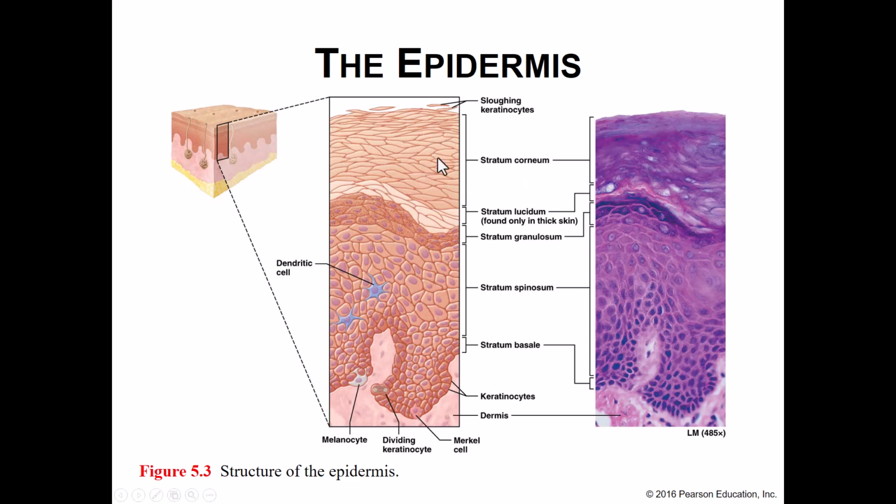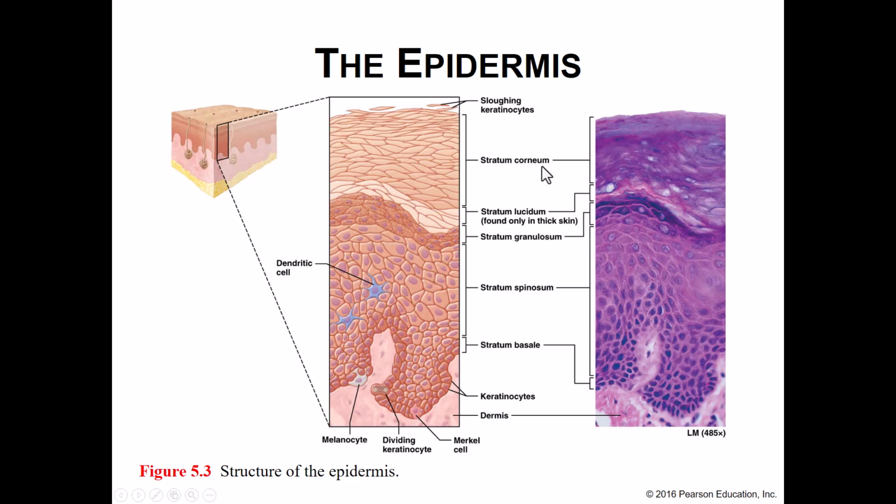This upper layer is our thickest skin, and this is the part that sloughs off and makes up a lot of the dust that you see around your house. So the stratum corneum is the most exterior of our skin layers. Then we come down to the next layer, the stratum lucidum, and again this is only seen in thick skin.